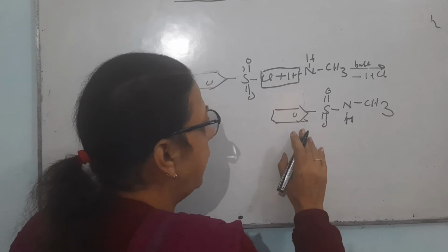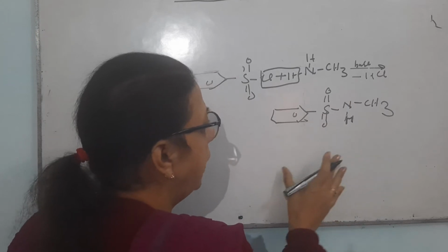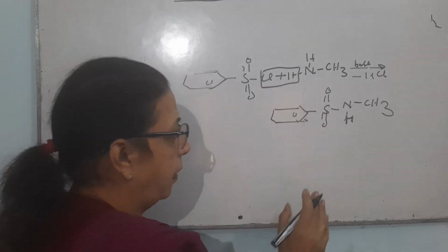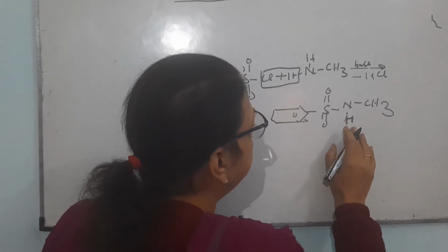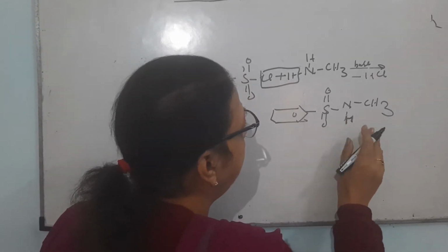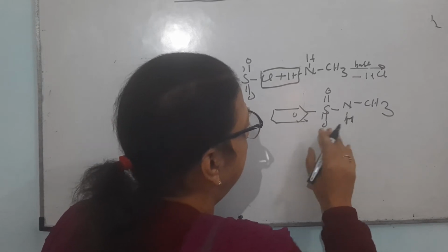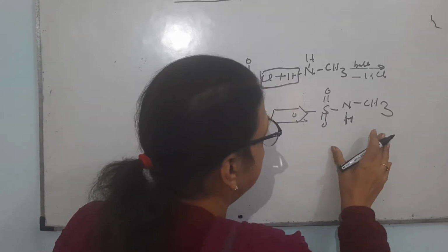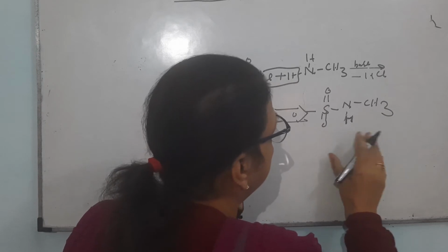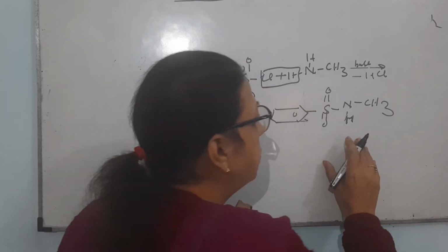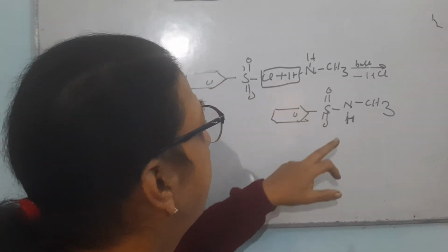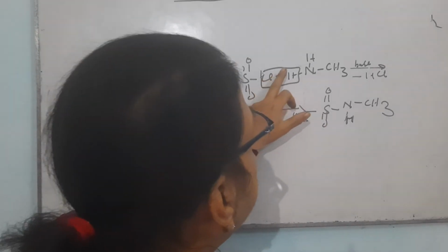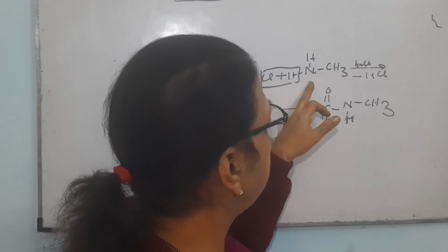Primary and secondary amines give this test, but they do this test in a different manner. There is a presence of acidic hydrogen. This compound is soluble in alkali. If it is heated with acid, it will give insoluble material. This test is given by those amines which are having replaceable hydrogen.